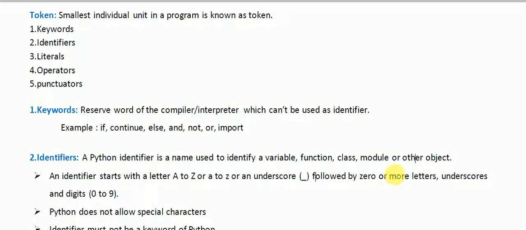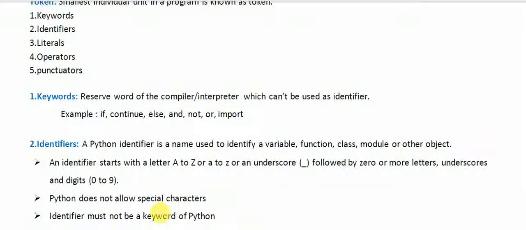It must start with a character or an underscore, and can have numbers, digits, or letters after it. But it cannot have special characters. Python does not allow special characters in the identifier's name.